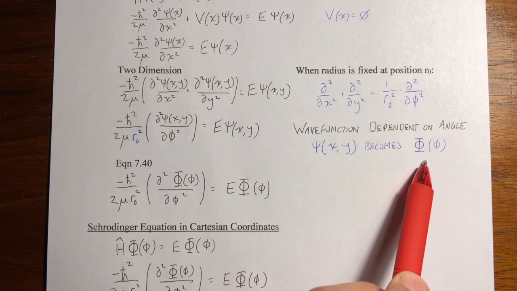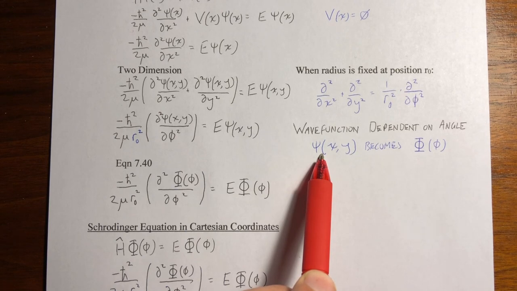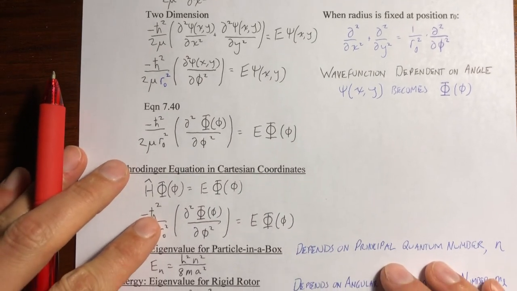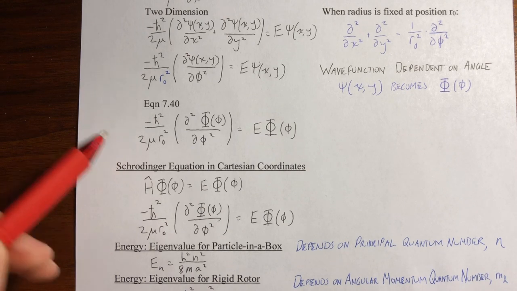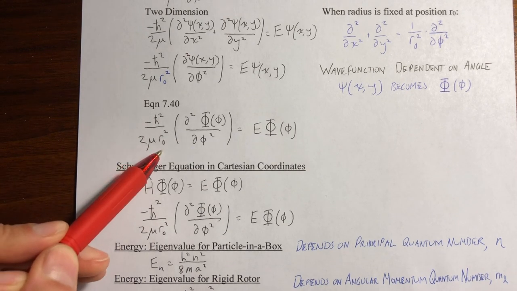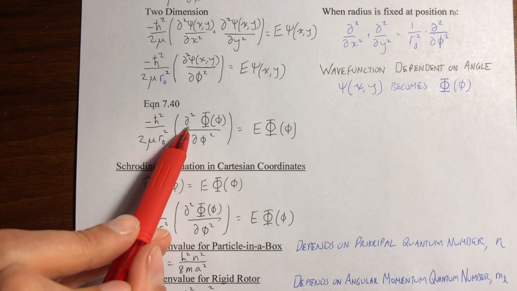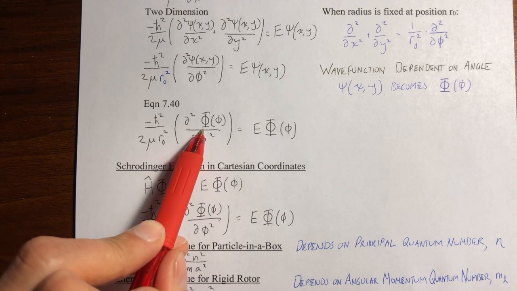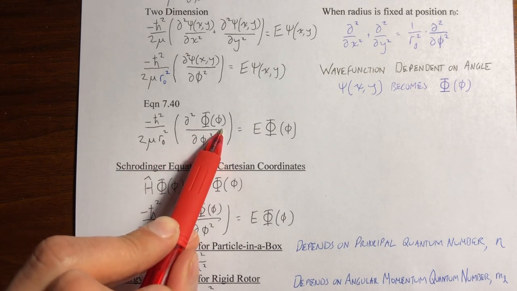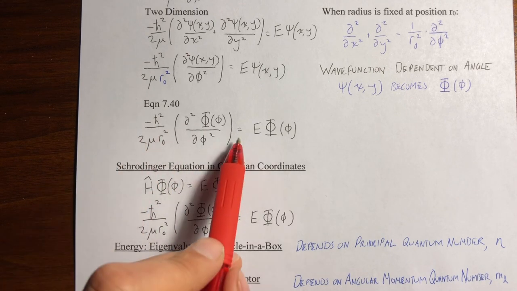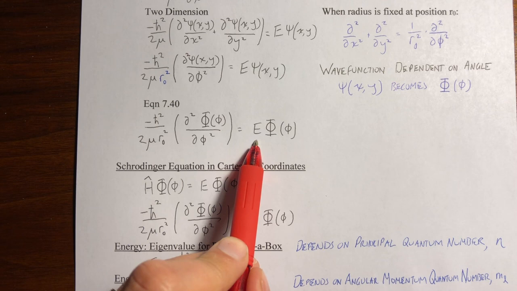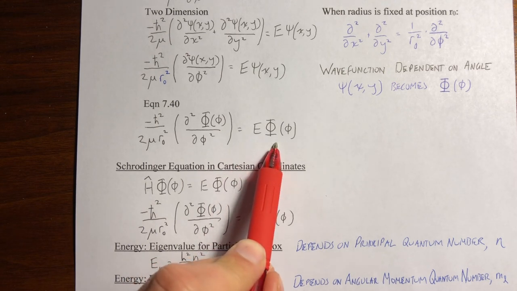So if we substitute big phi in for psi of x and y, we get to equation 7.40, which is negative h bar squared divided by 2 times mu times radius squared times the second derivative of our wave function of angle phi with respect to angle phi is equal to energy, our eigenvalue, times our wave function phi.